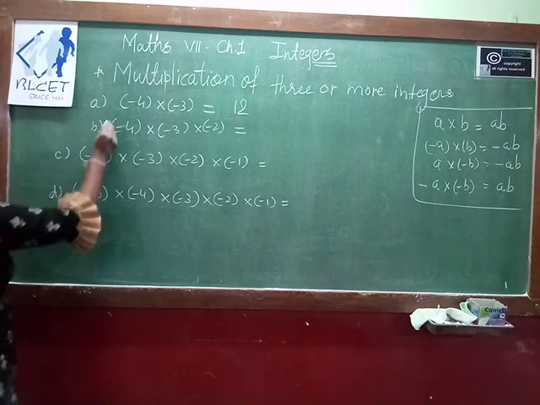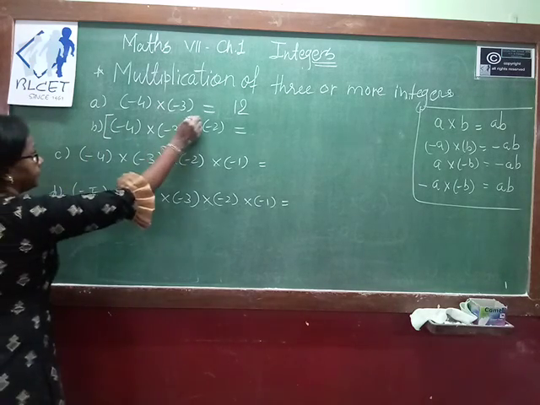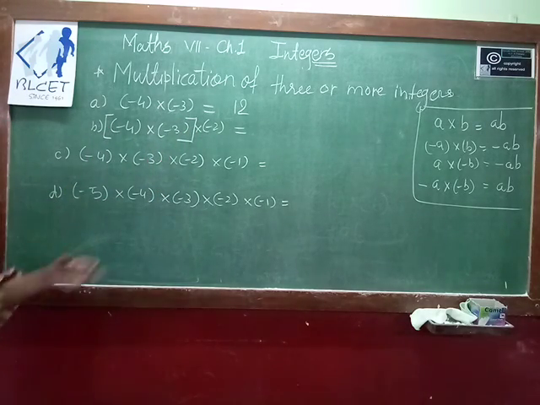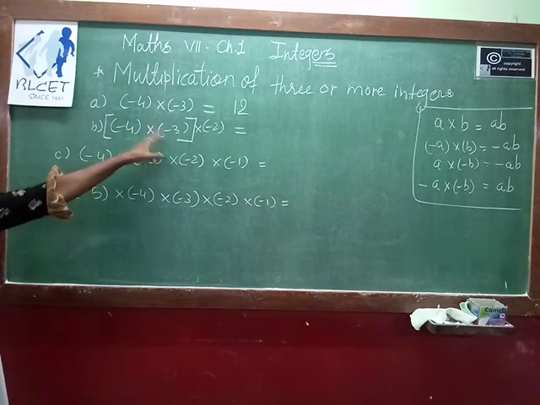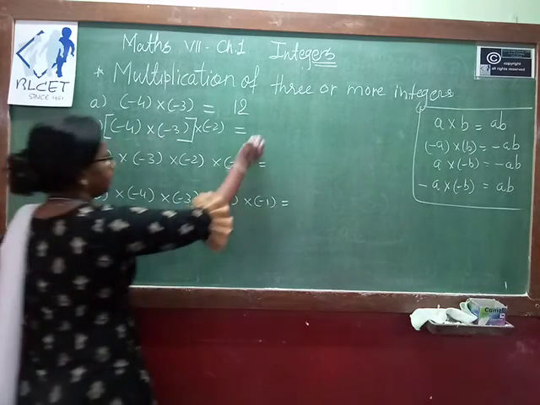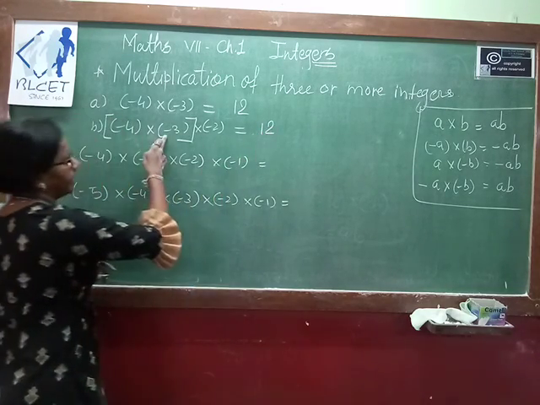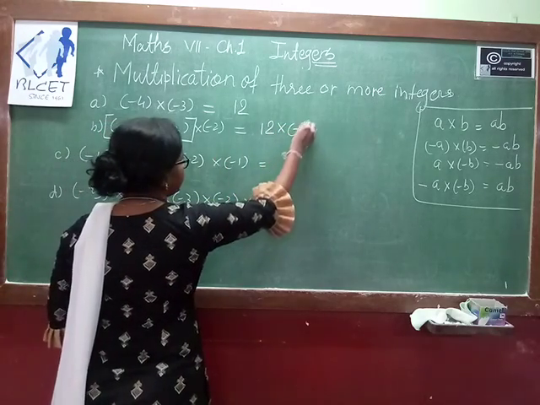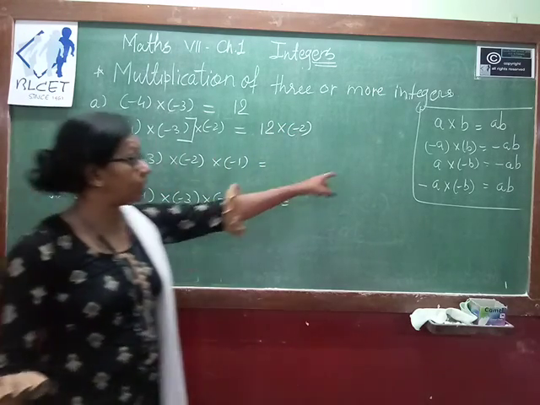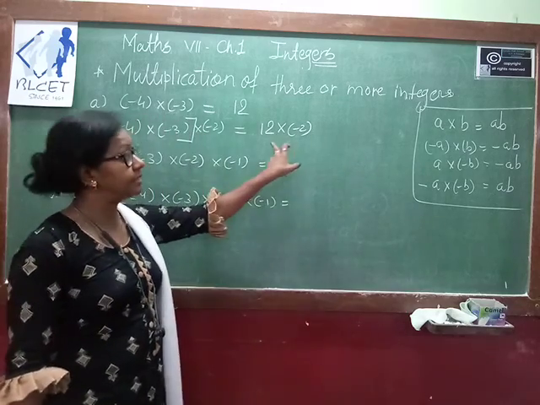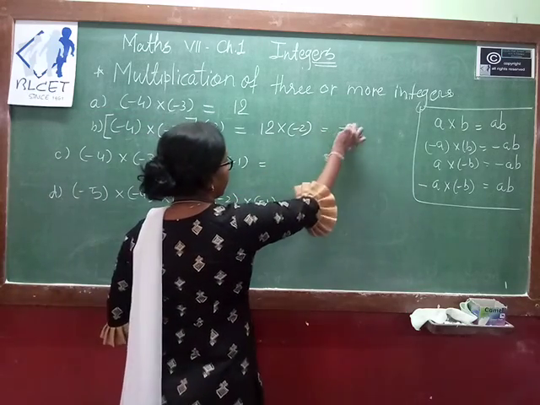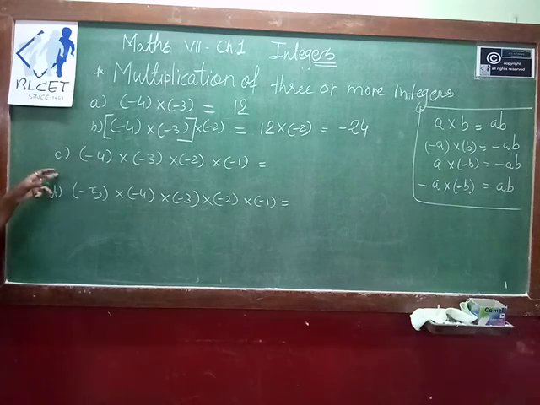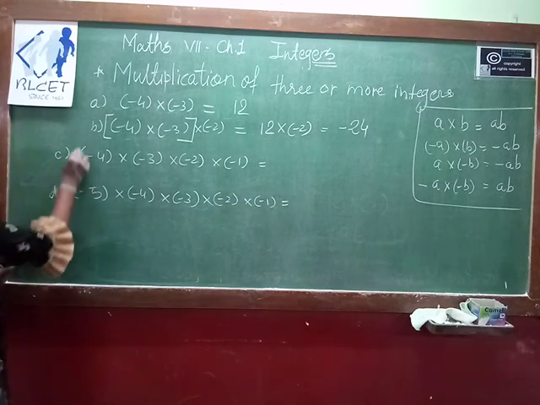We make a group of two integers: minus 3 and minus 4 give 12. Again you have to multiply with a negative, and we know that if any one integer is negative, the answer is negative. So we write minus 24.